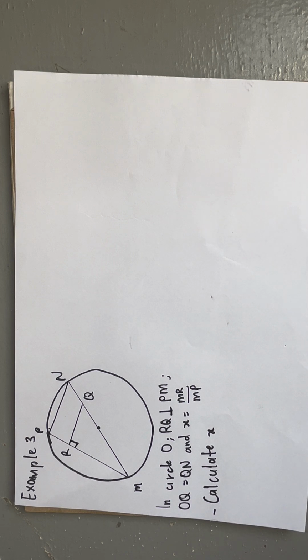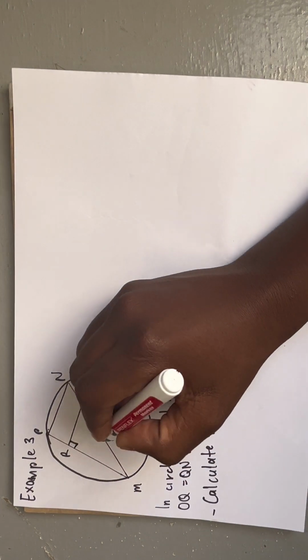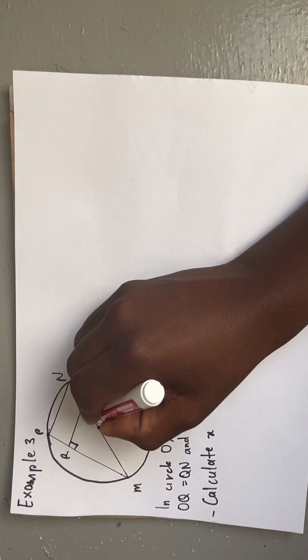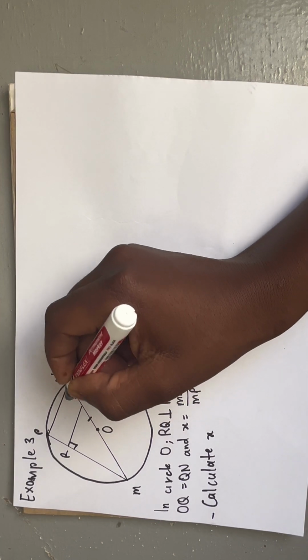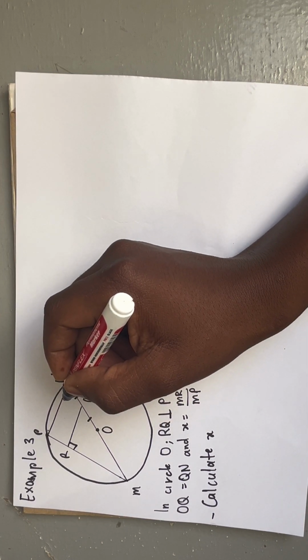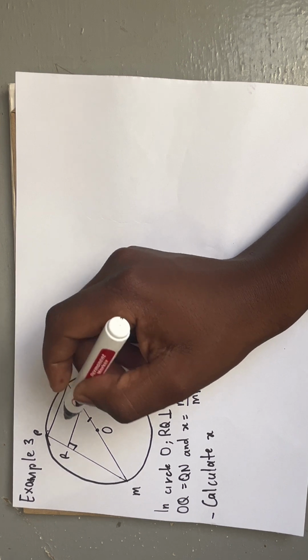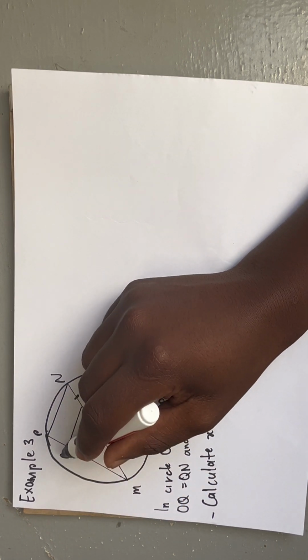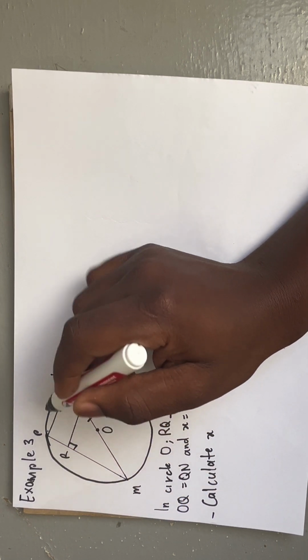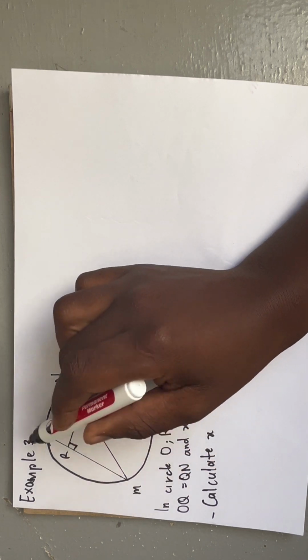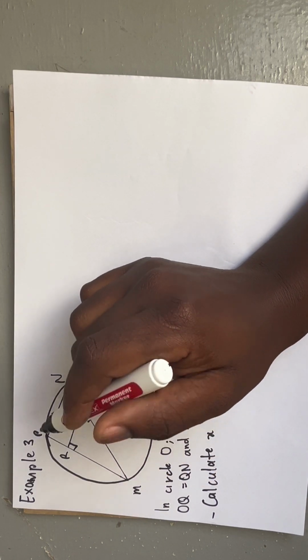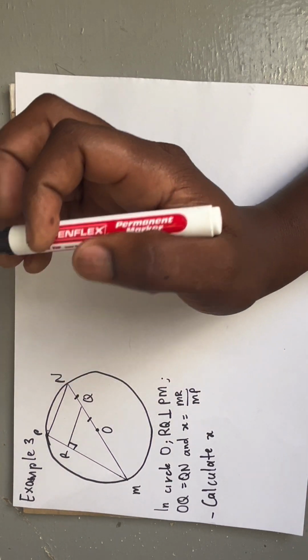And they say ON is equal to QN, so this side is equal to this side. And you are also given that MR over PM is equal to X. They say calculate the value of X.